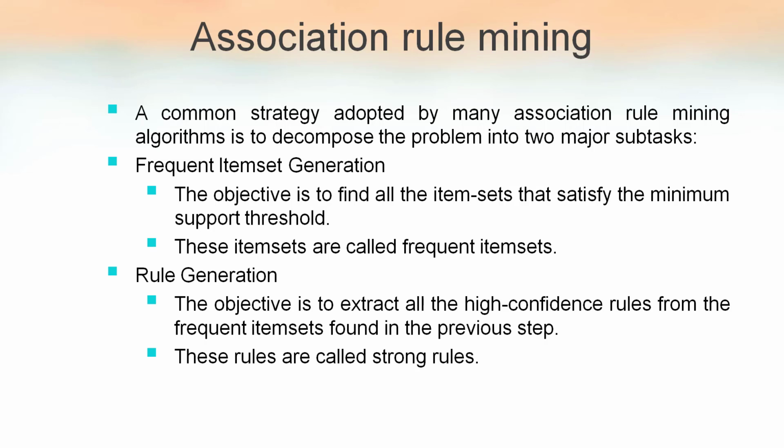These item sets are called frequent item sets. Rule generation means to extract all the high confidence rules from the frequent item sets found in the previous step. These rules are called strong rules.